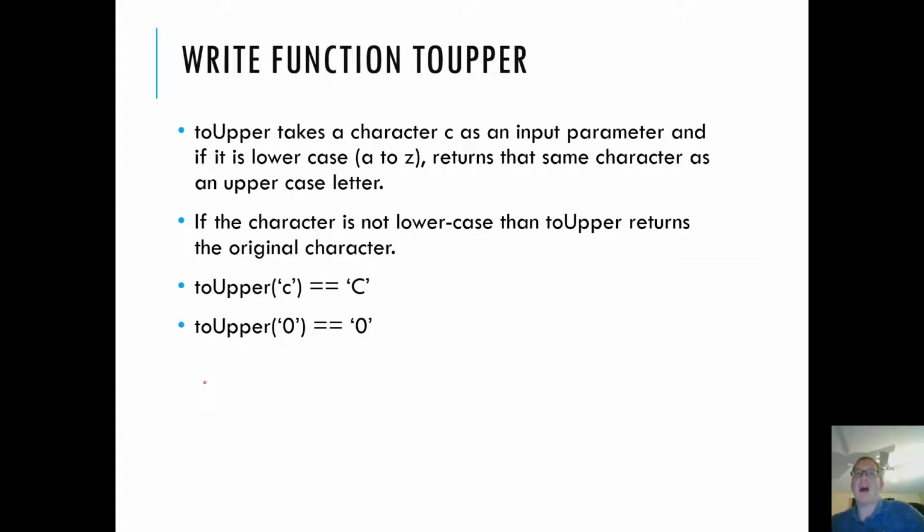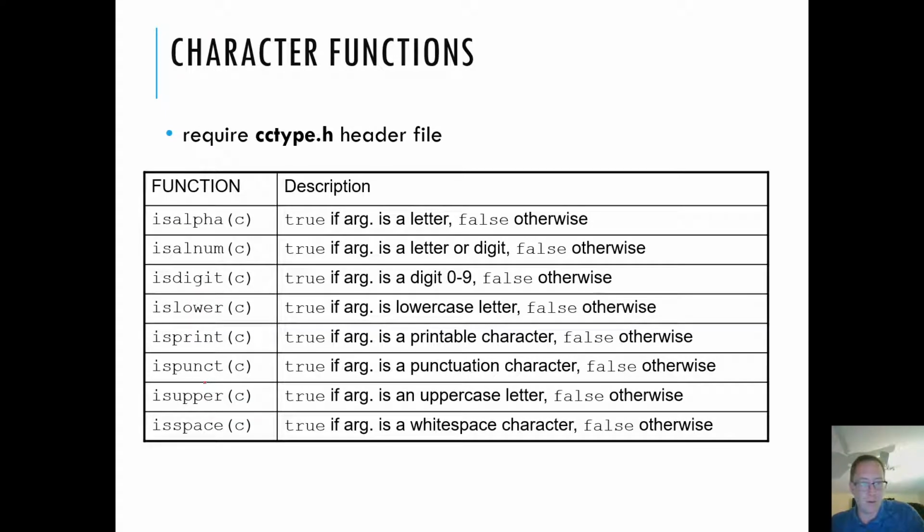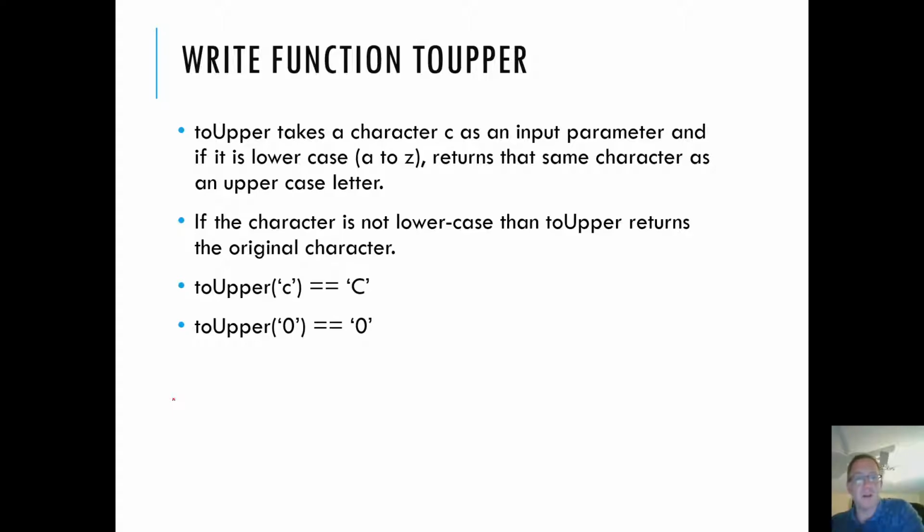Okay. How about we write toupper? This is going to be a little exercise. I'm not going to do it together, I'm going to go over the answer in a second. Try writing the function toupper. Now, this is a built-in function. We already talked about isupper. There's a toupper where it can convert it. toupper will take in a character, and if it happens to be lowercase, it will make it uppercase.